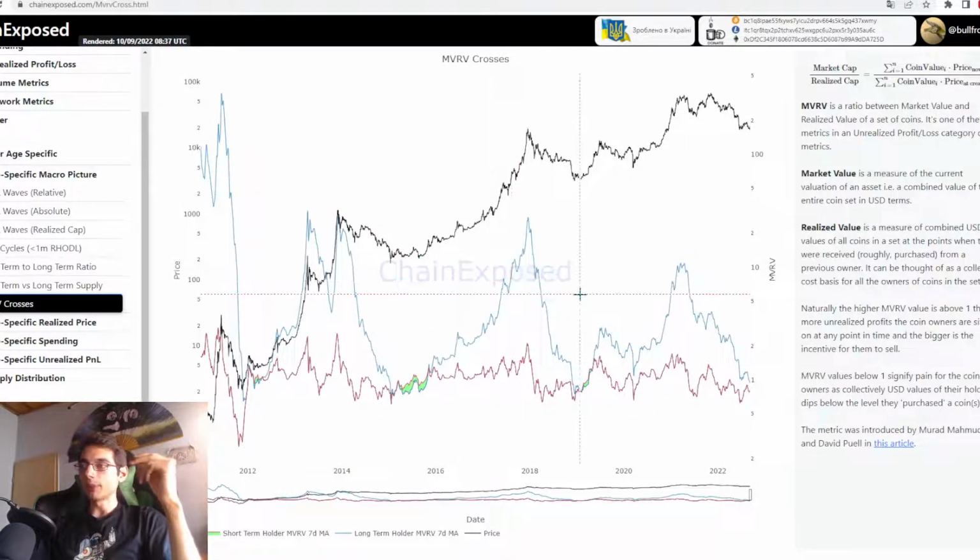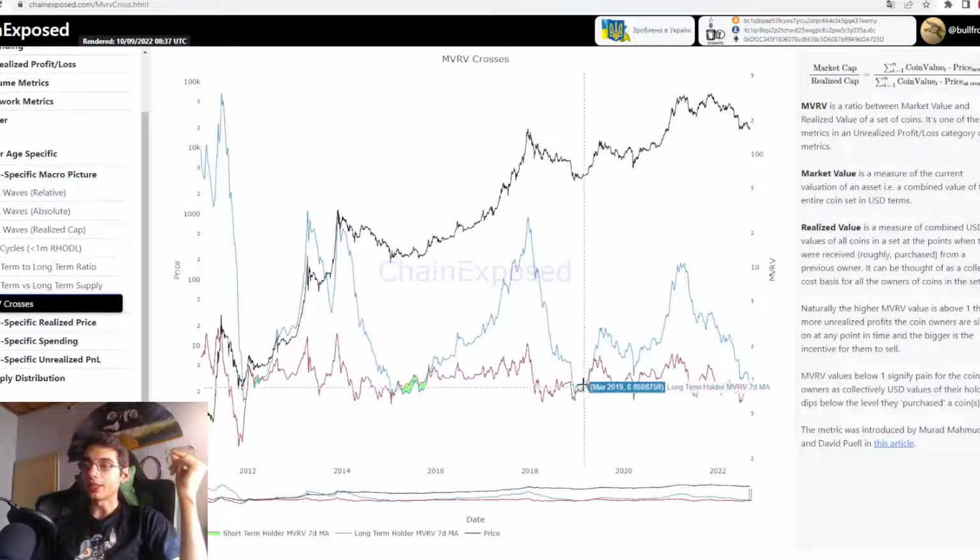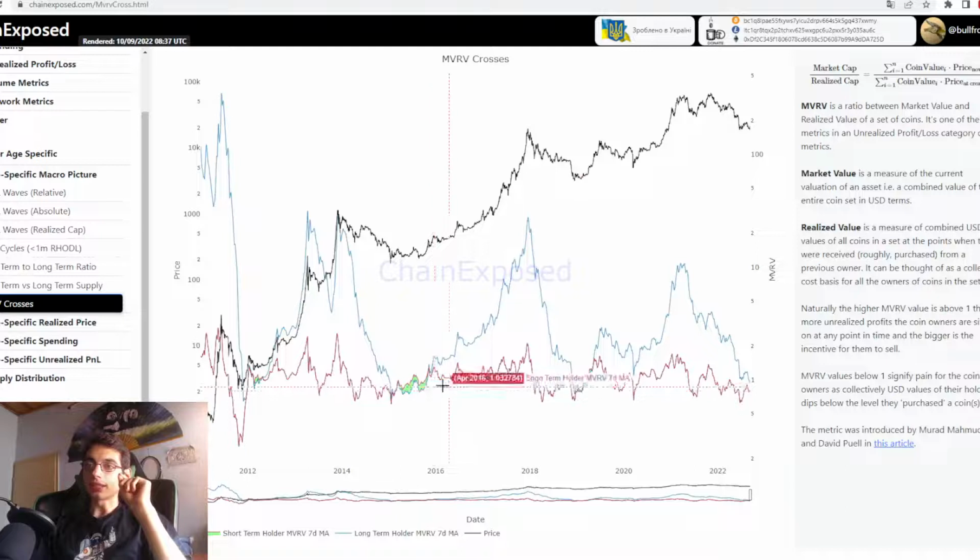So every time the MVRV, the market value to realized value of the long-term holders, got below the short-term holders, so the profitability of the long-term holders got below that of the short-term holders, we were in the exact final bottom on the last piece of every bear market ever since.